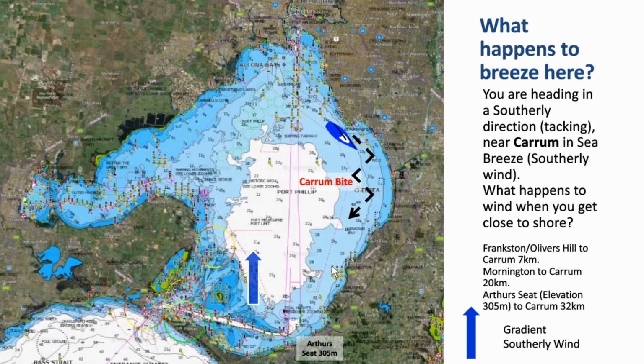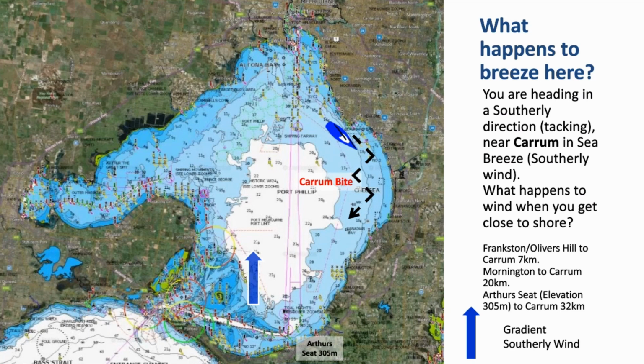Now we look at the Garum Bight up past Aspendale and so on. What's happening to the wind here? We're heading in a race down the bay, and then we've got a southerly and we have to tack. What happens as we tack along the shore here?